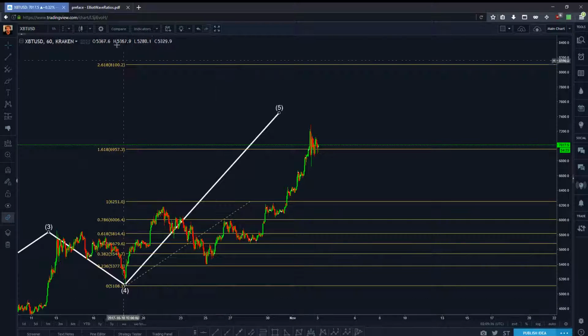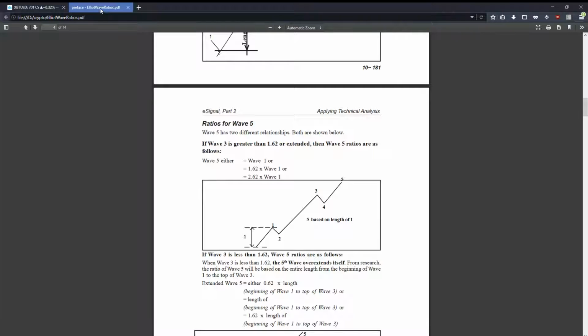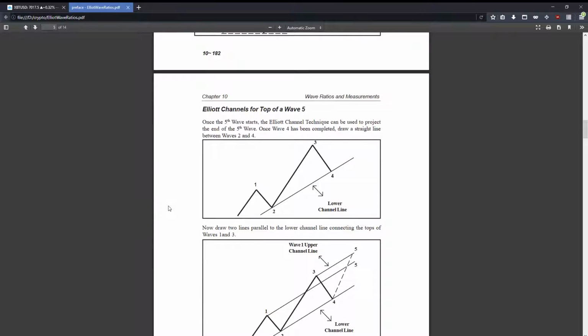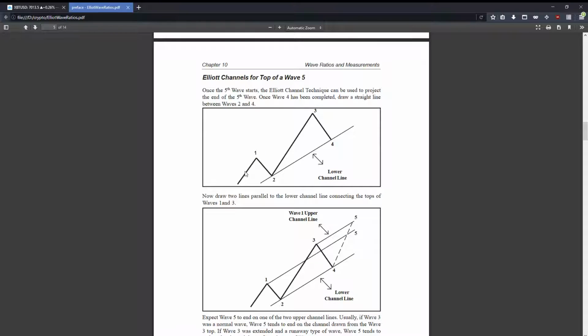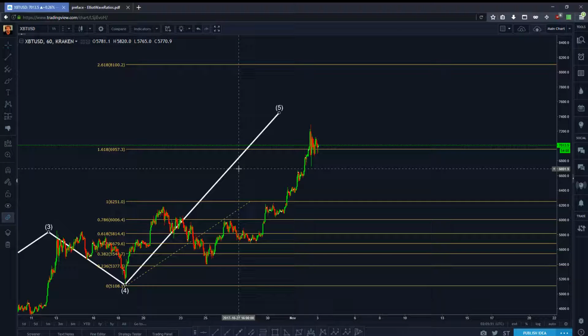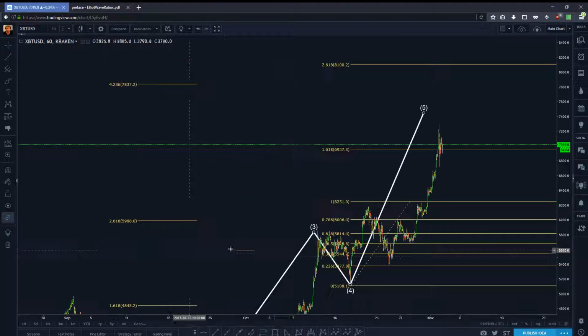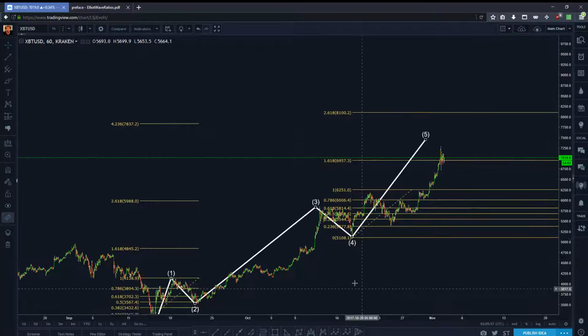So one more thing that's helpful in finding wave 5 targets is using the Elliott channel technique. So I'm just going to touch on this briefly here. As far as TA goes, a lot of people, when we're in this situation, are using some other trend lines.